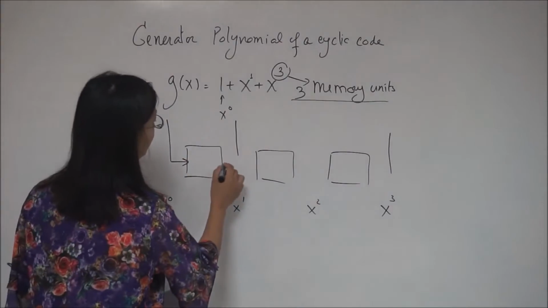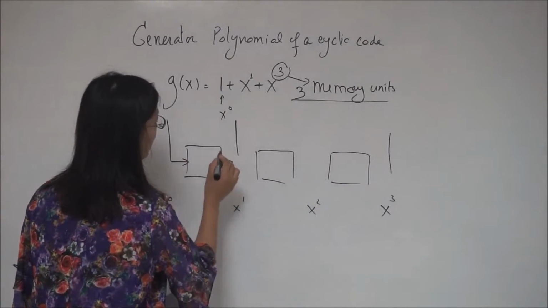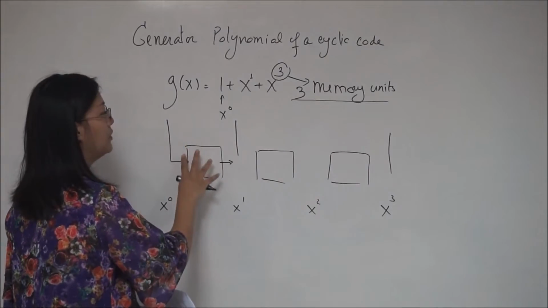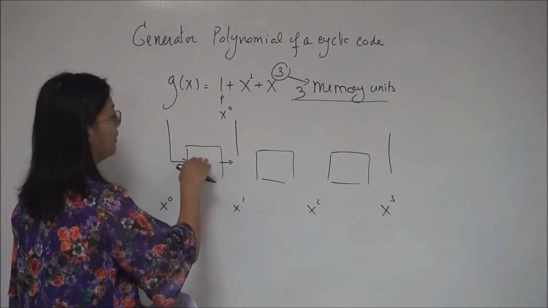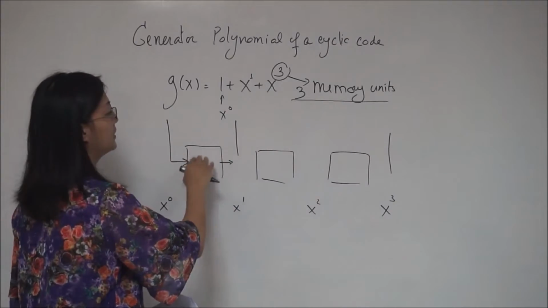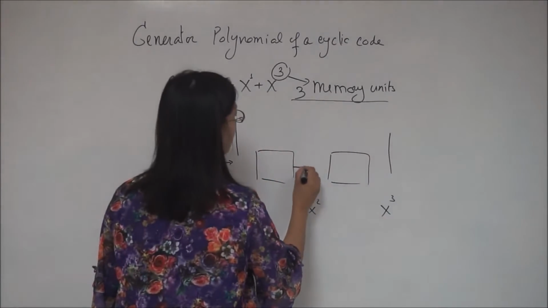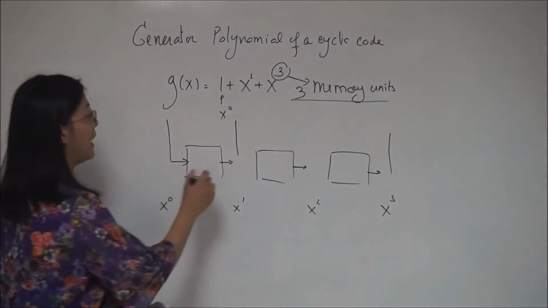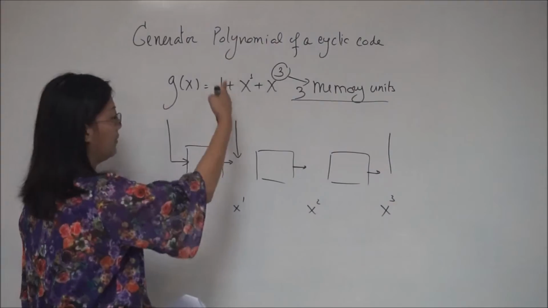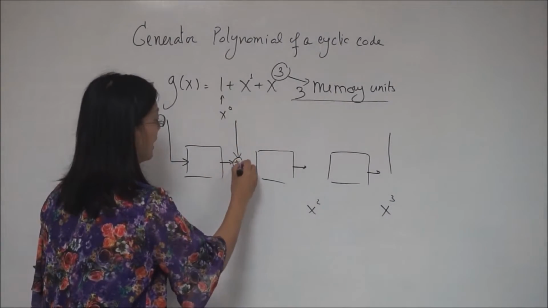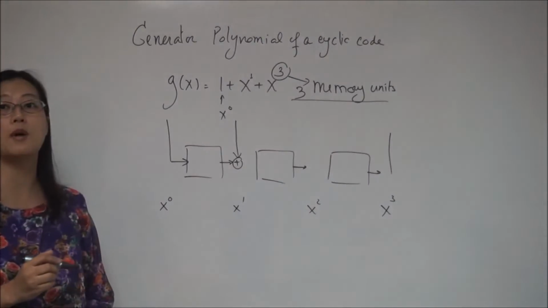In the circuit, from the D flip-flop or memory unit, it's a shift register circuit, right? So it shifts from this one to this one to this one. So they always have an arrow coming out. If you have 2 arrows coming, from the top and from the left, then you have to have an operator to combine them.